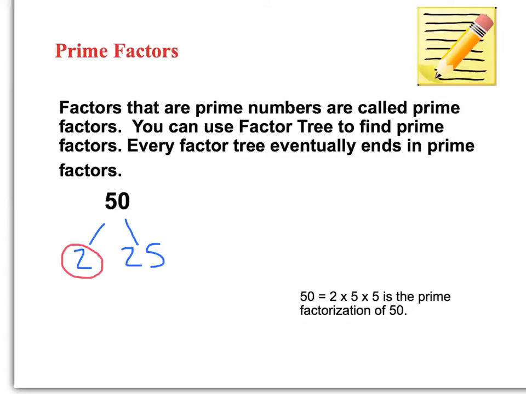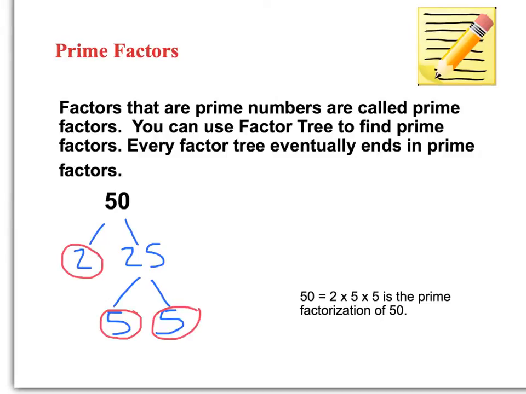Now what about 25? Can we break that down any further? Well, yes we can, of course. So 5 5s are 25. And then we can see that we've got 5s because that's a prime number. So now we have broken down 50 into its prime factors.